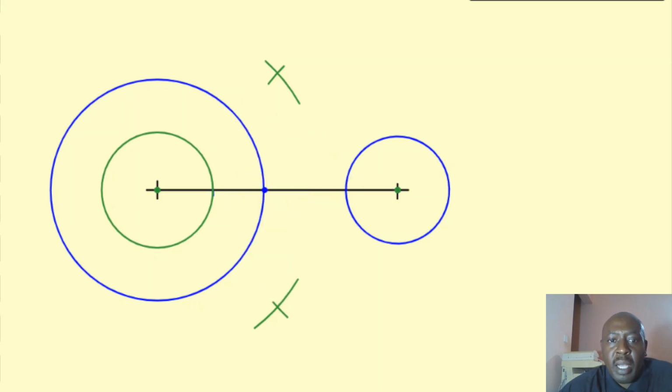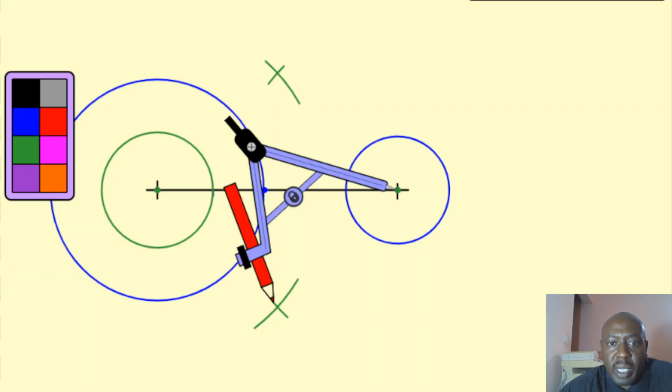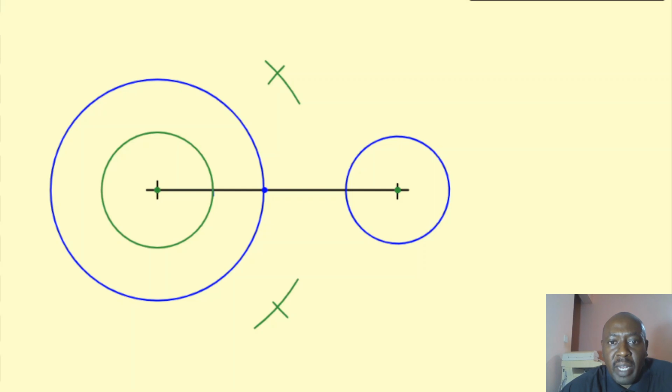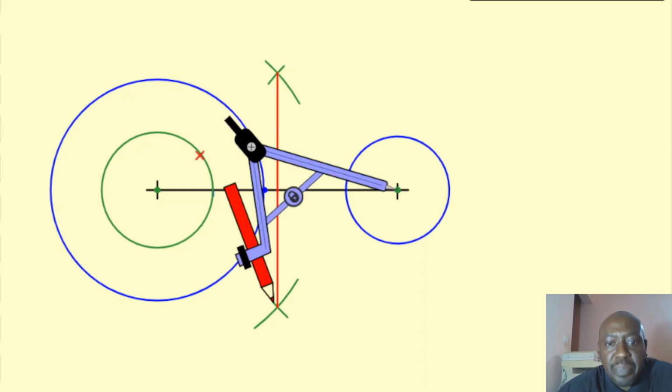Okay, the next thing is to draw the bisector of the line that is connecting the two centers. I'll use a red color, and you can use a ruler there. Now we have the center.